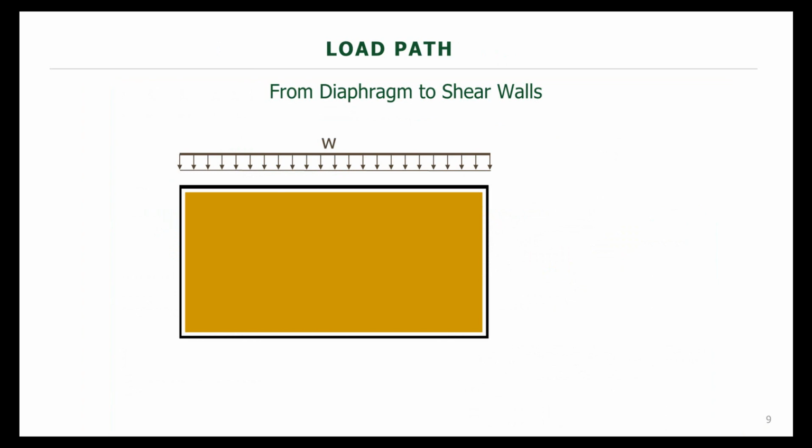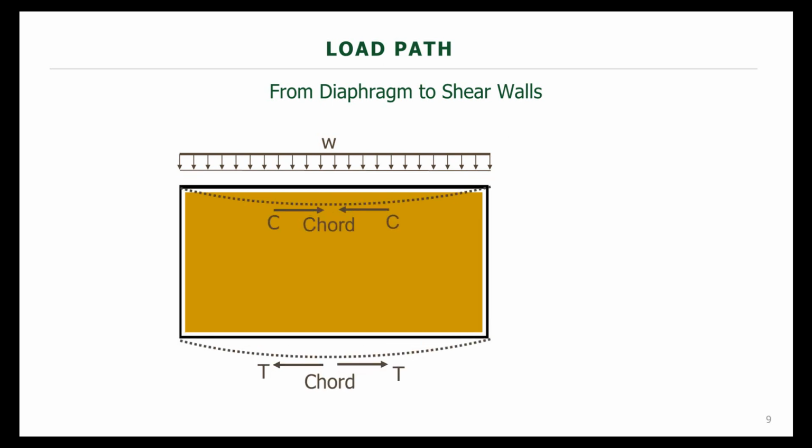So if we think of our diaphragm as a deep beam that is supporting a distributed load, we have our distributed load being applied in this example. It would be a wind force, but it certainly could also be a seismic force.